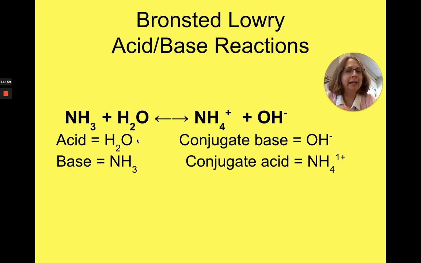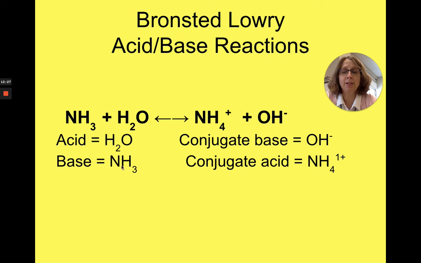Weird, right? It's acting as an acid, so it can donate its hydrogen ion. And so its conjugate base, that thing without the hydrogen ion, is OH1 minus. They just differ by that hydrogen. Now, what has happened to that hydrogen? Well, this base can accept it, so that's why it's a base, and the conjugate acid that has accepted it is this ammonium ion.